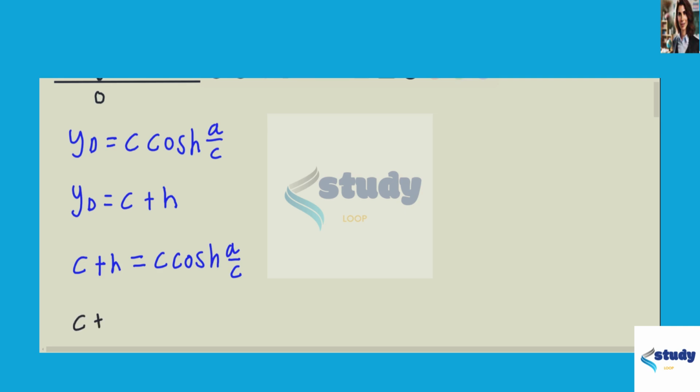So we plug in h, which we know is 4, as given by the problem. And then we can plug in a since it's given as 6. And we take this equation, solve it for c, and we'll get a value of 5.0539 meters.